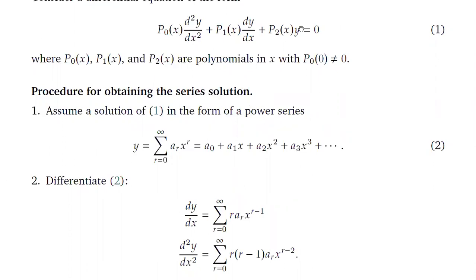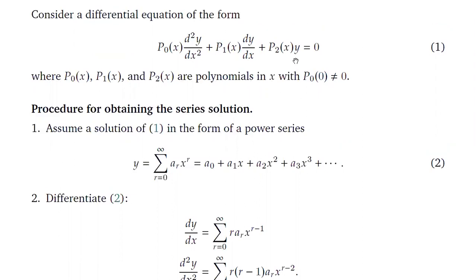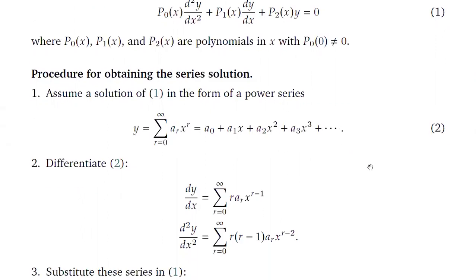If you want to get the solution for y, in the first step we assume that the solution for y will be nothing but summation r from 0 to infinity ar into x to the power r. If you expand this, you get a naught plus a1x plus a2x square plus a3x cube and so on.